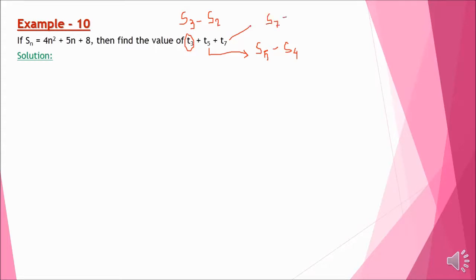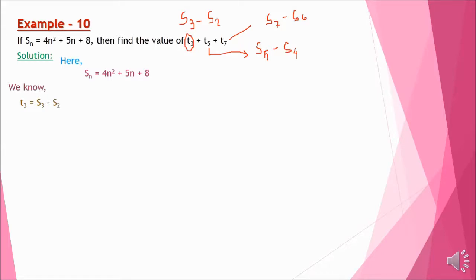Sn equals 4n square plus 5n plus 8. We know T3 is equal to S3 minus S2. Now 4 times 3 squared, here n is replaced by 3, and minus the same for S2.